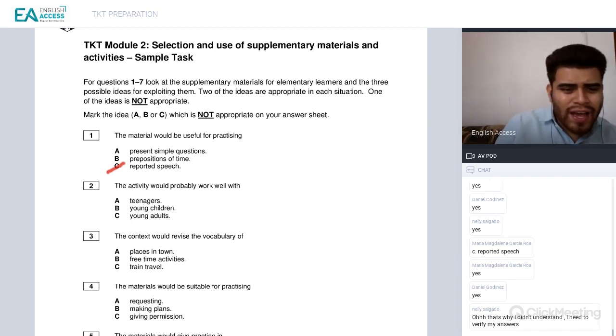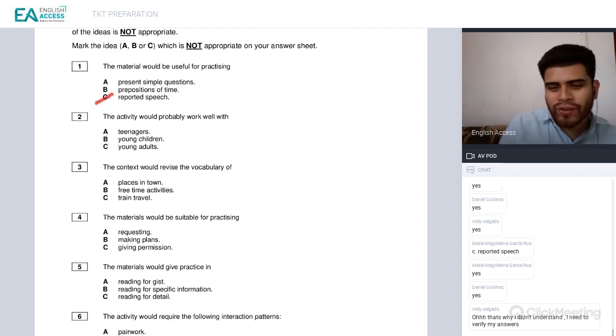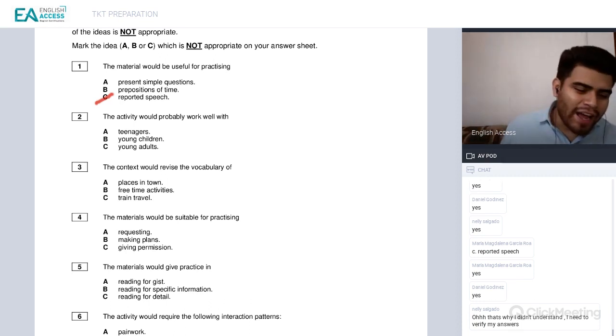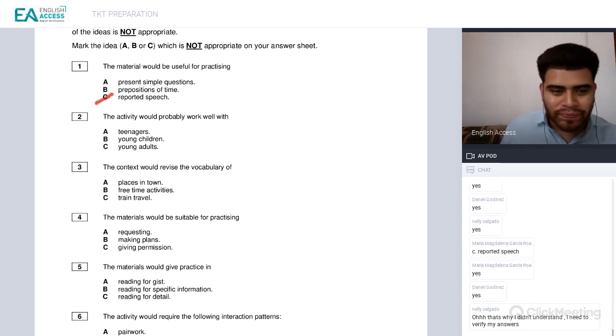For example, this has 7 questions, and I would do 5 questions correct, but then I forget that I'm supposed to circle the wrong ones. So the other 2, I circled what was correct, and I lost some points for that too. So yes, we got to take it slowly and read the instructions. Well, not a problem.